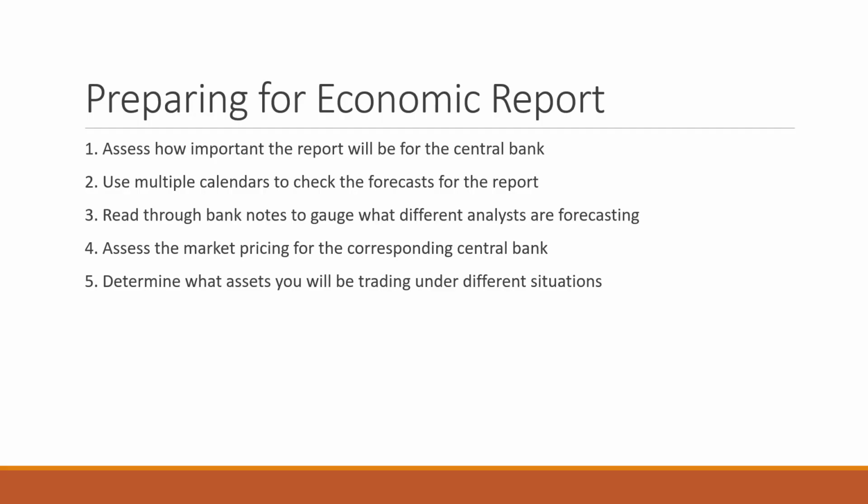Sometimes it could be that some of the low impact data that you don't normally focus on all of a sudden starts to come into focus. So don't get misled by what you're seeing on the calendar. You've got to figure out for yourself which data points are most important to focus on. So that's the first step.